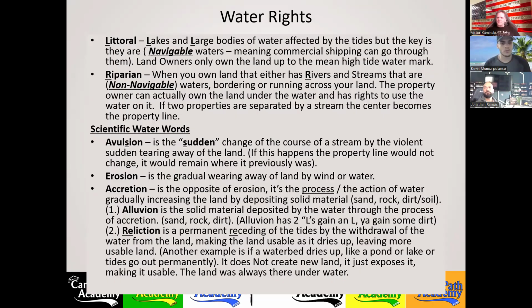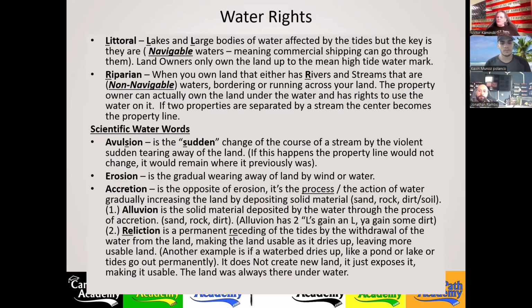If you have riparian property rights, you could actually own the land under the water. That's why when you go to lake houses, they build the dock. Yeah, the dock. Because the water may be on their land.